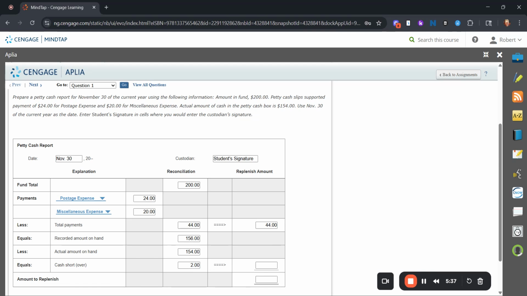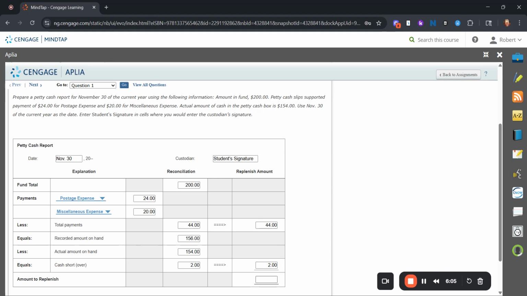So it's bringing this down to also this box. So if we were over, if there was more money in there than what was supposed to be there, then we'd be subtracting. So we wouldn't need to be replenishing the full 44. But since there's less, we need to add that on there too, because we need to add another $2 so we can get back up to the total of 200.